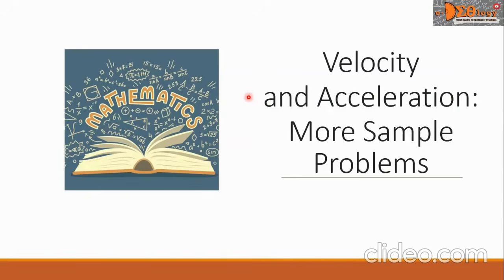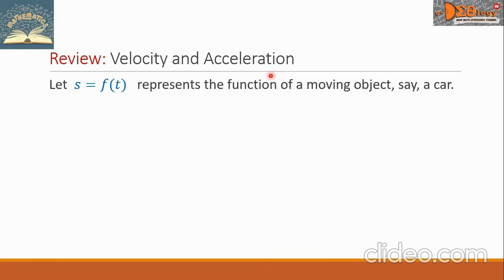Hi everyone. Today we're going to study more sample problems for velocity and acceleration. First, let us make a short review for velocity and acceleration. Let s equals f of t represent the function of a moving object, say a car.